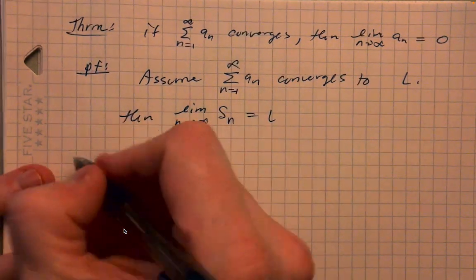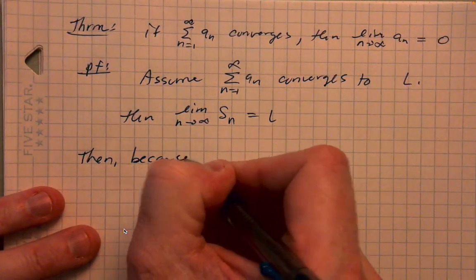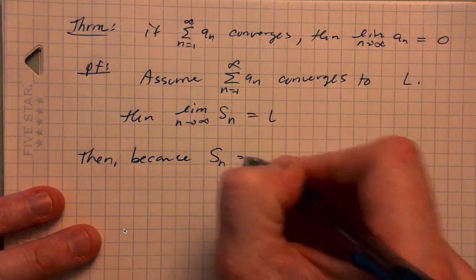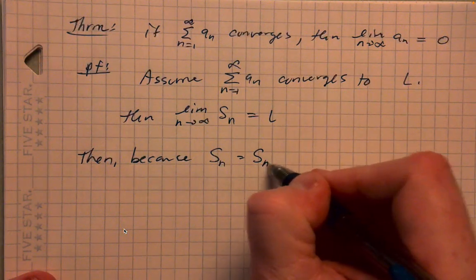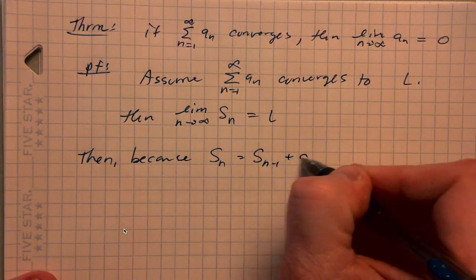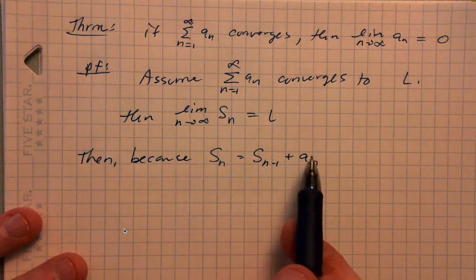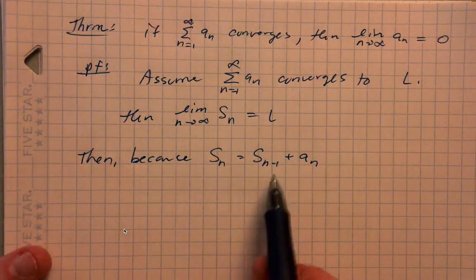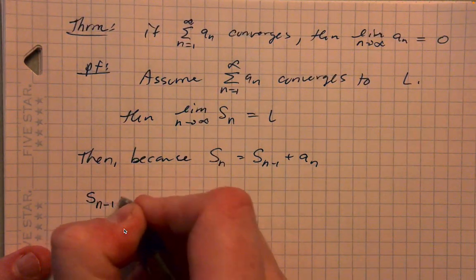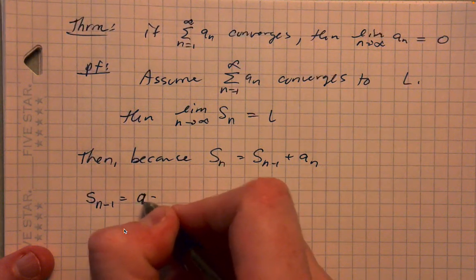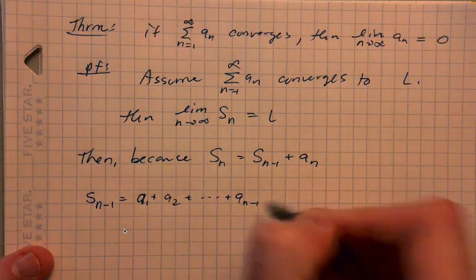Then what we can say is, because S of n, the nth partial sum, is equal to the n minus 1 partial sum plus the last term. This is not meant to be cryptic or weird, but a lot of times this can throw people. So what do we mean by this? Well, S of n minus 1 is equal to a of 1 plus a of 2 plus dot dot dot plus a of n minus 1.